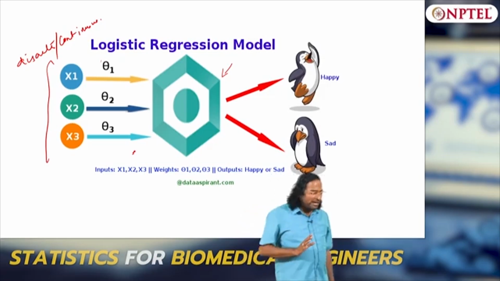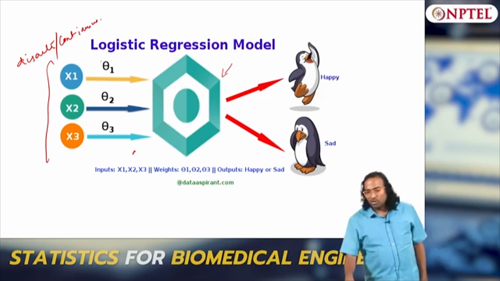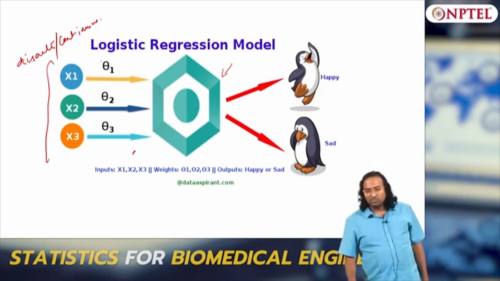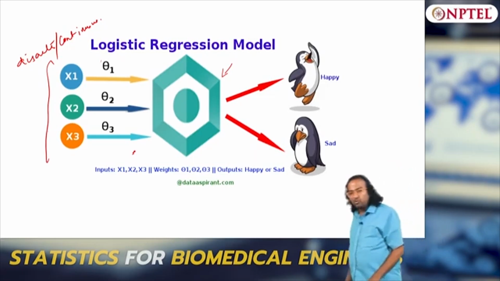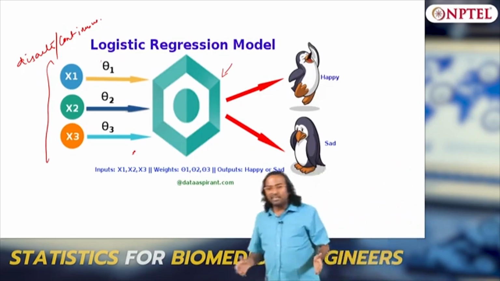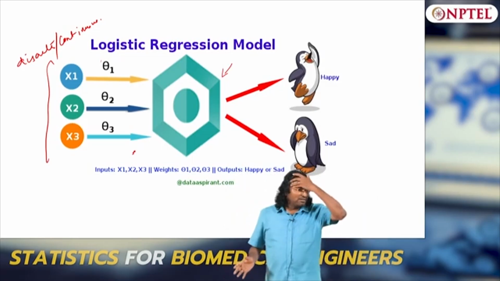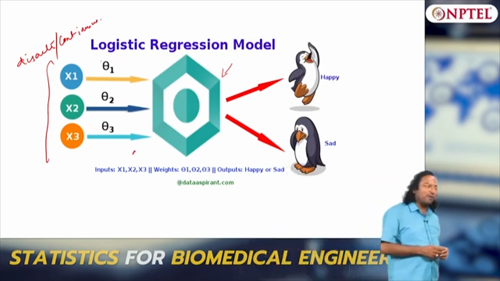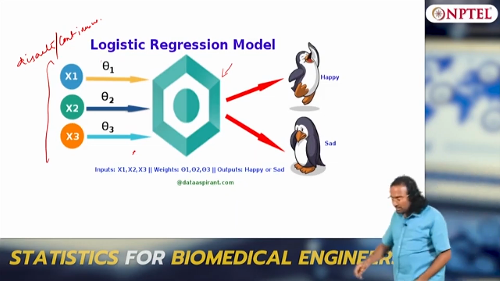Similarly, in this case we will take a binary logistic regression model where the output is only binary, yes or no, and you have certain inputs that are weighed and go through a black box model, which is what we will learn today, and its output is either a 0 or 1. Clear? Is it making sense? It is similar to the functioning of a neuron: it takes in inputs, weighs them, and this is a non-linear model.